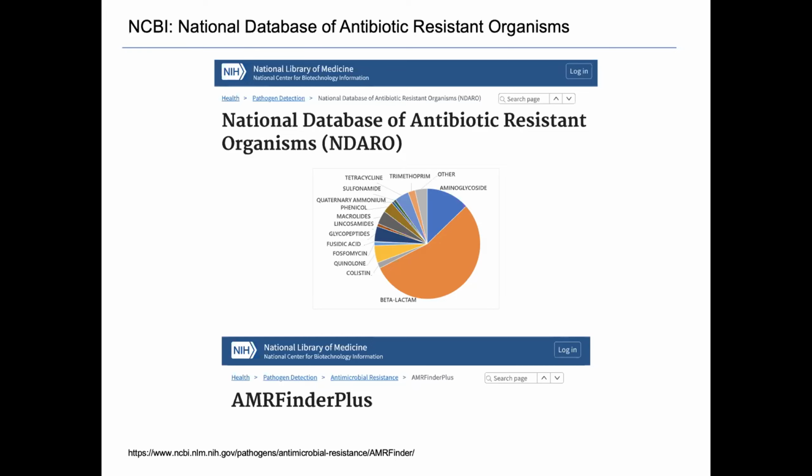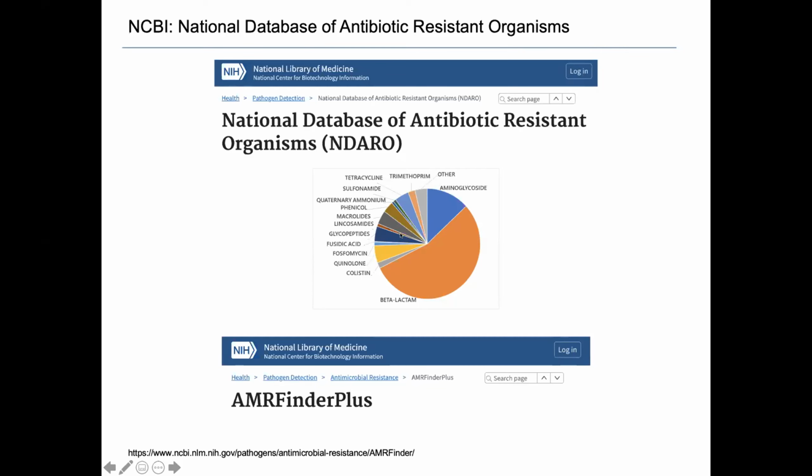And so they've developed and maintained a curated database of AMR genes. Next, they wanted to make AMR-related data more widely available. So they collect genetic and antibiotic susceptibility data. And then lastly, they wanted to make more effective use of bacterial genomic data. And so NCBI has developed AMR Finder Plus to identify AMR genes in bacterial genomes. And so I'll just briefly touch on each of those resources today.